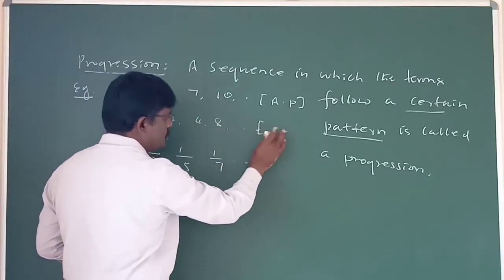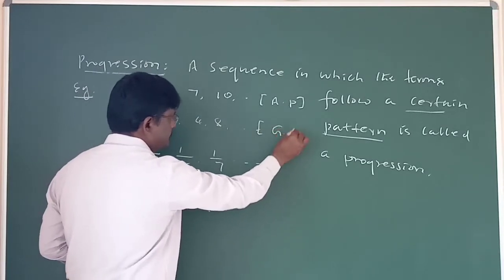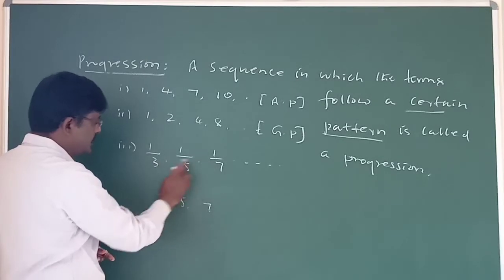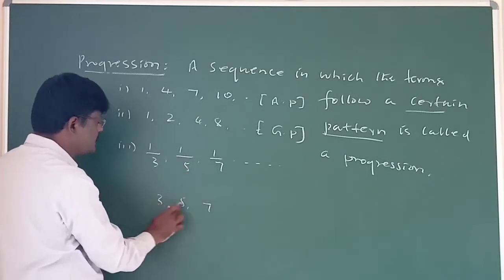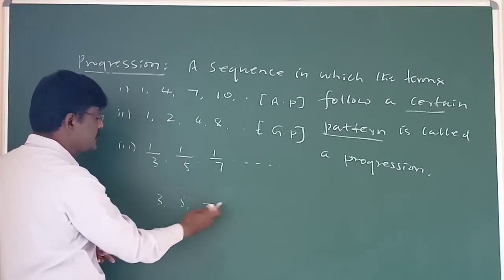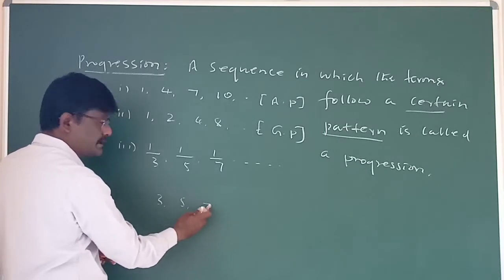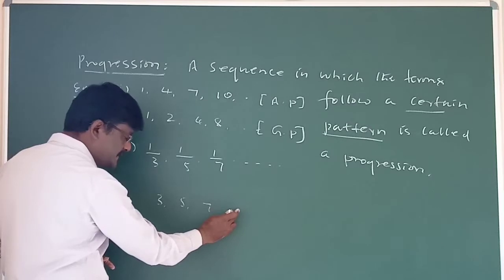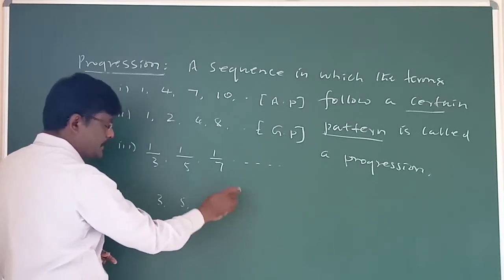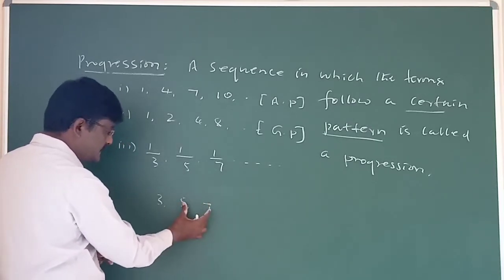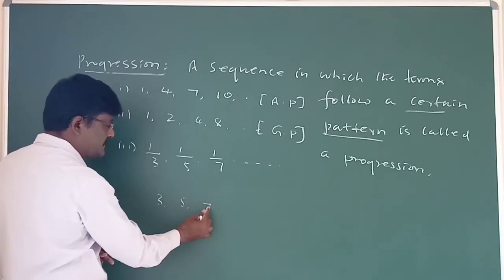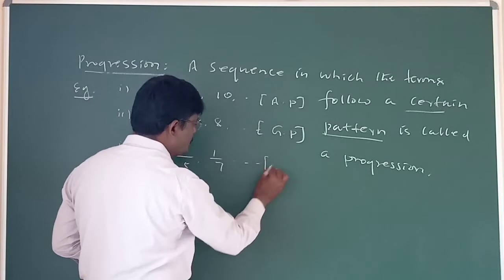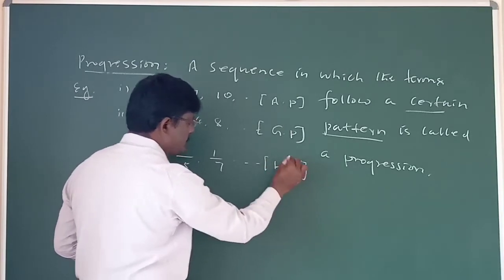We say geometric progression. In the case of reciprocals, the succeeding term is obtained by adding that common number to the preceding. Such one we say is HP, harmonic progression.